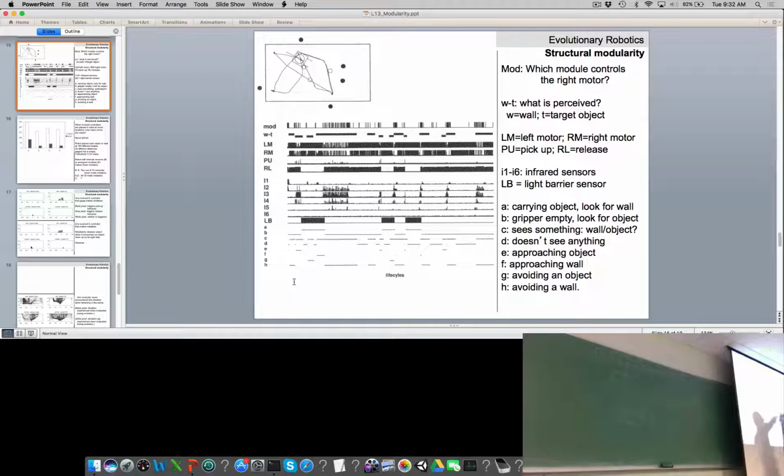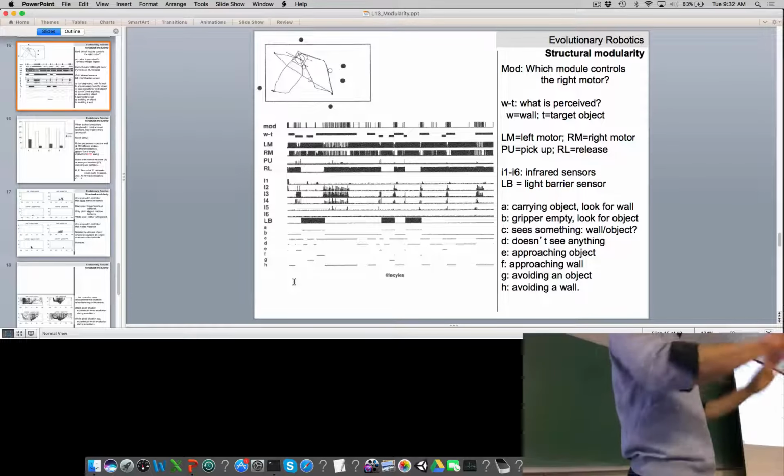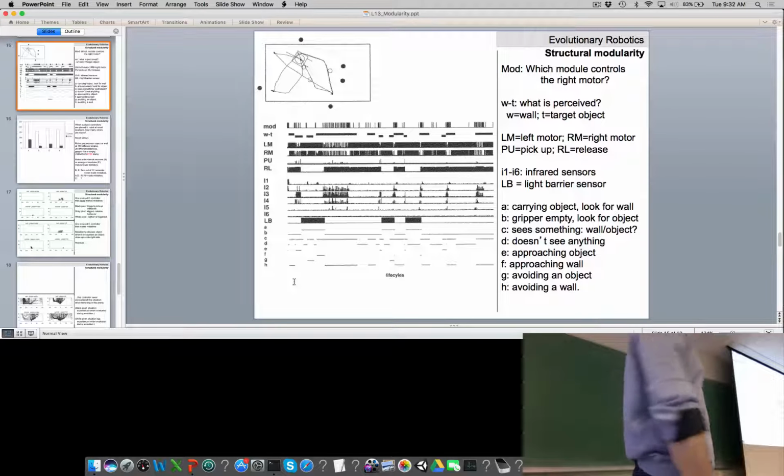The robot failed to clean up those 2 other sugar cubes. The line here shows the trajectory of the robot, so here's where the robot started moving. If you follow this line carefully, you can build up in your head an animation of how this robot actually did what it did. It's not too important for our purposes.